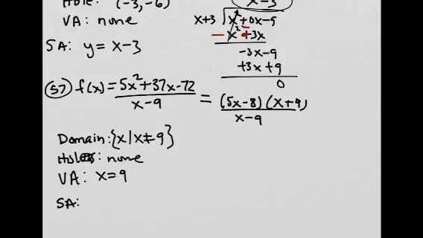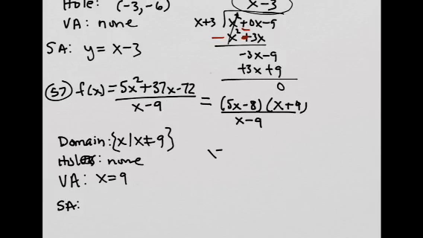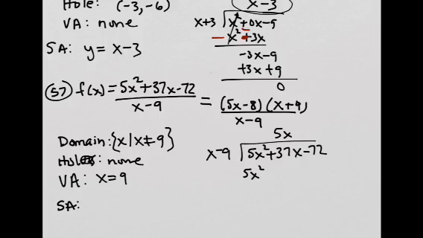And then because this is top heavy, we have to do long division to see what the slant asymptote is going to be. So x minus 9 into x squared plus 37x minus 72. Okay, so x times what gives you 5x squared? That would be 5x minus 45x. So when we subtract, we add the opposite. So that's minus and that's a plus. So that gives me 0 here.